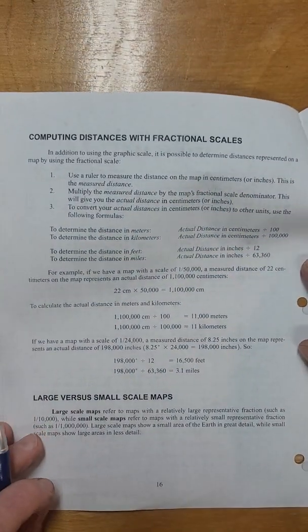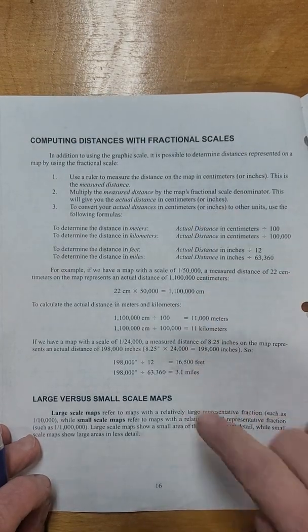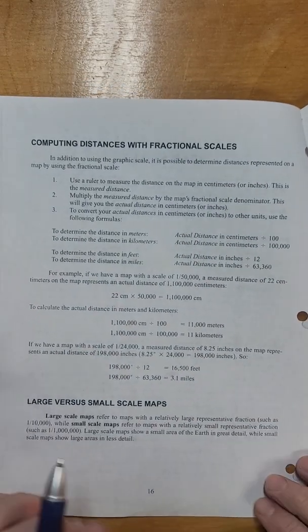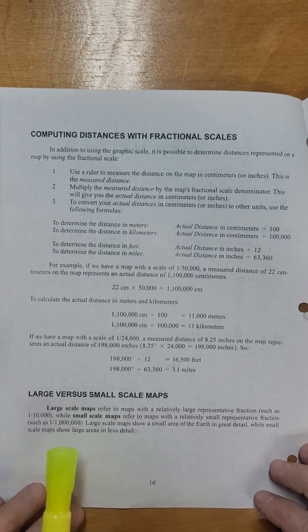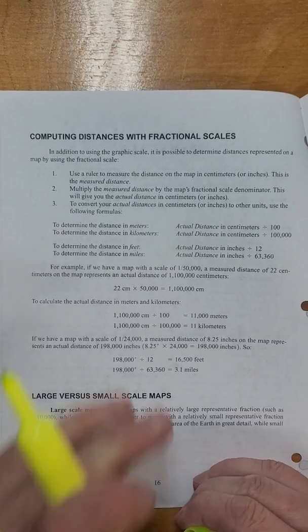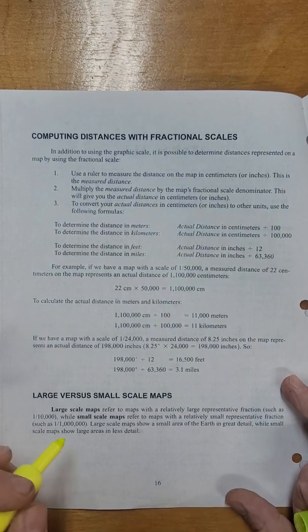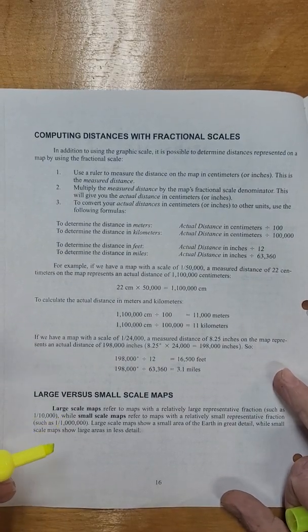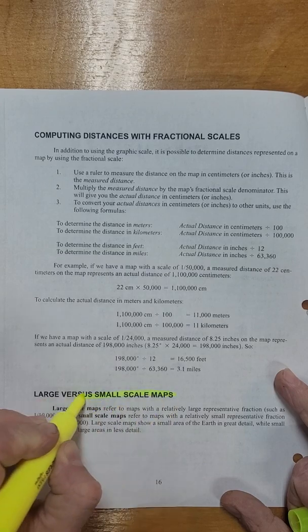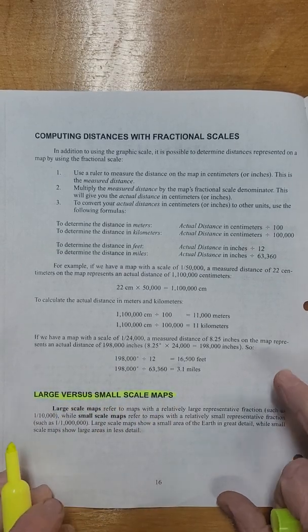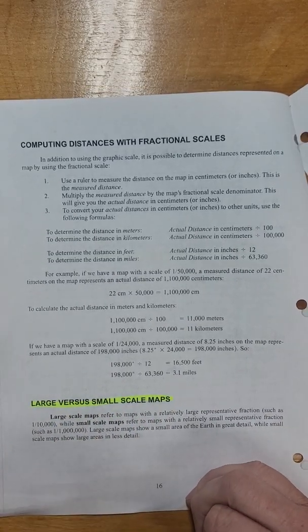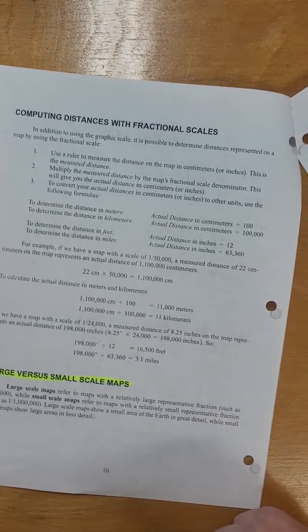So after you read through all this, it looked like a lot of you guys got this down really well, so I'm not going to go through that. We'll just go ahead to the problems. But something that I want you to think about is large versus small scale maps and what that means.